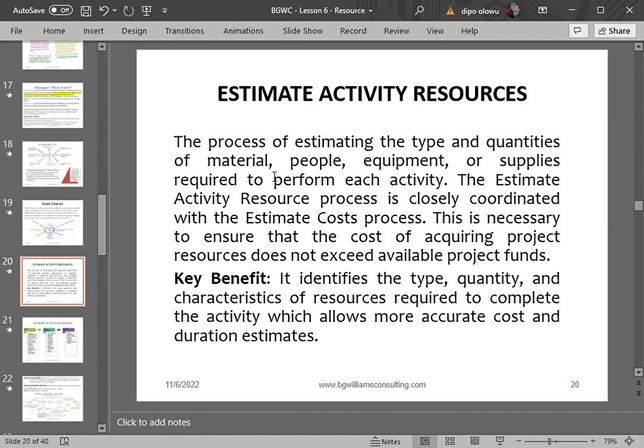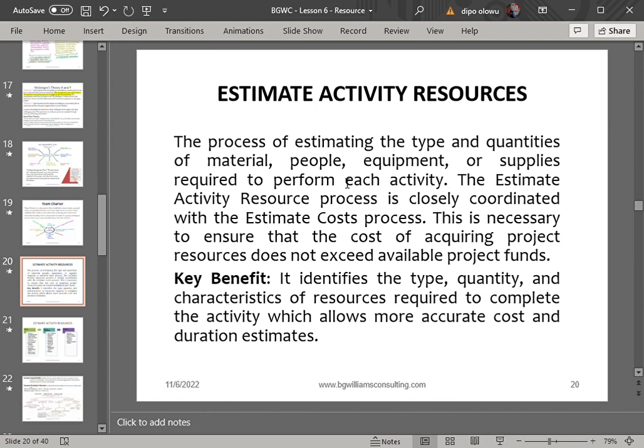Materials that I will need for clearing of the land. What kind of materials do I need for clearing of the land? And what quantity of the materials? So estimate activity resources is simply that process of finding out, identifying and calculating in terms of types and quantity of the materials, of the people or the equipment or the supplies that the project manager needs to perform those particular activities.